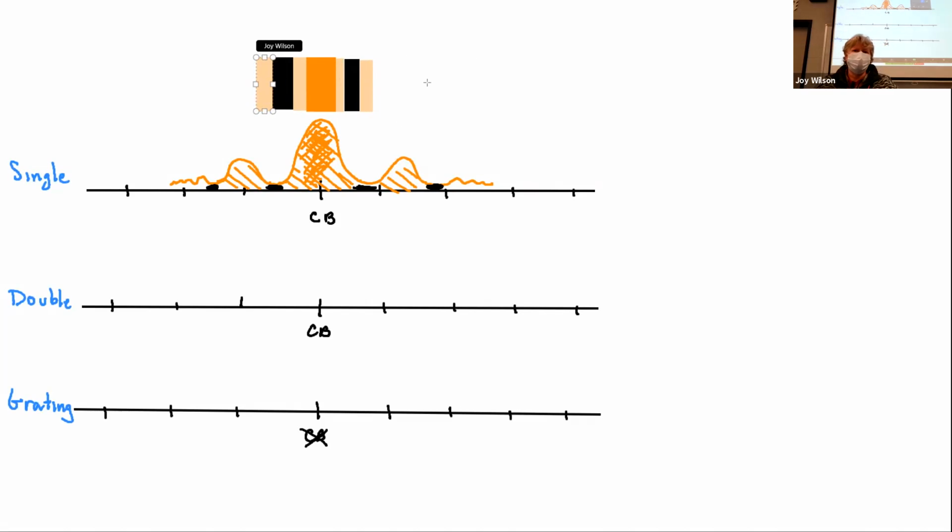What do we see with a double slit diffraction? Okay, typically, your peak is going to, oh, that's not a peak.